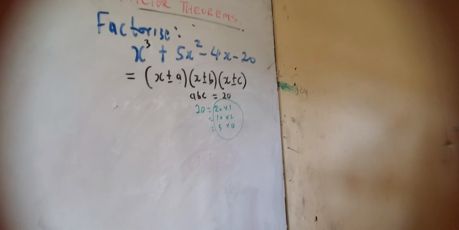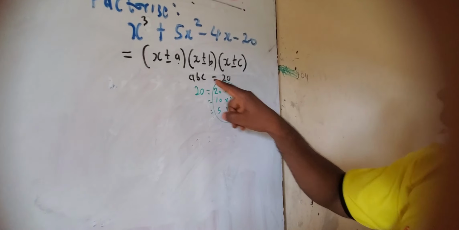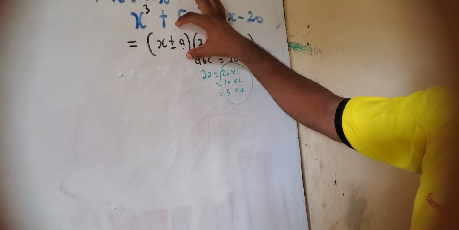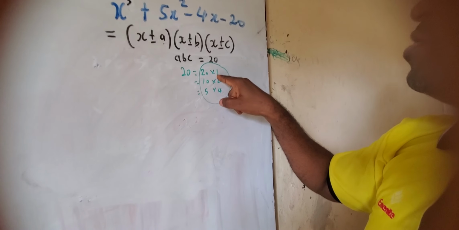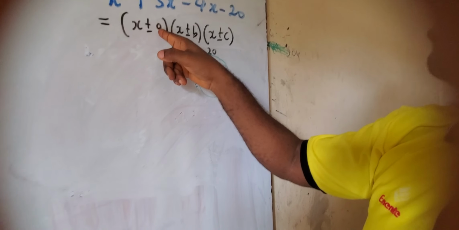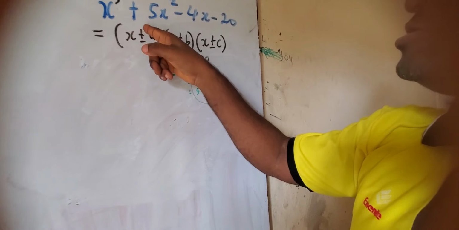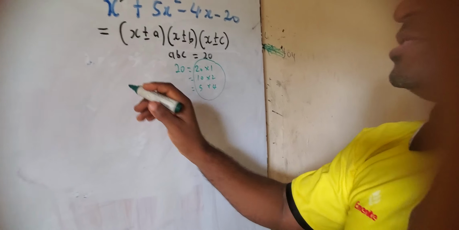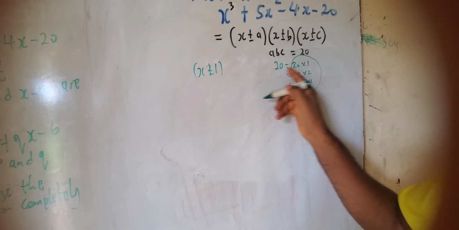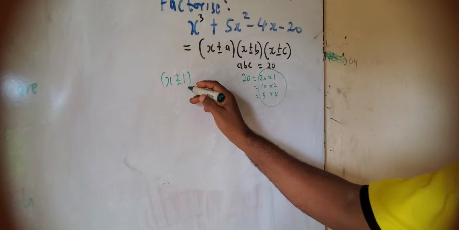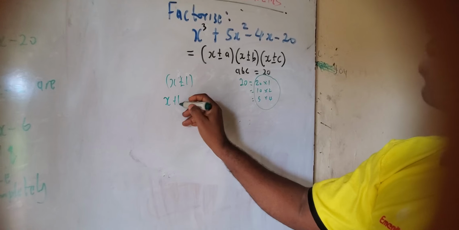Now I want to start with the factor 1 using this particular first factor here. So that means picking this factor 1, that means a will be 1. I'm going to test x plus or minus 1. Let me take factor x plus 1.